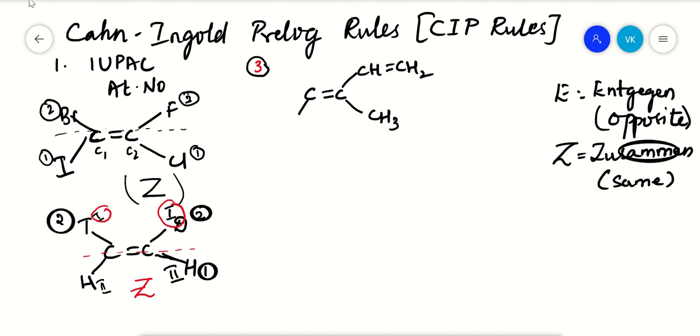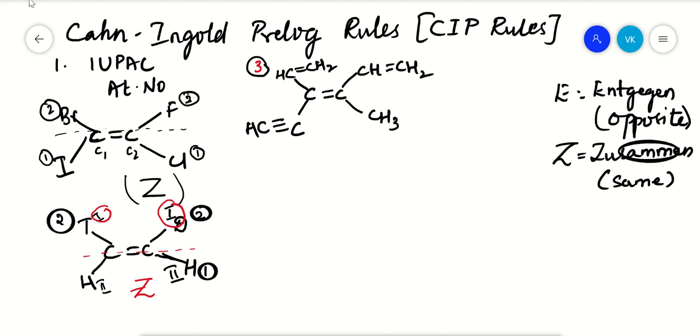And then here you have C triple bond CH, and then you have here CH double bond CH2.